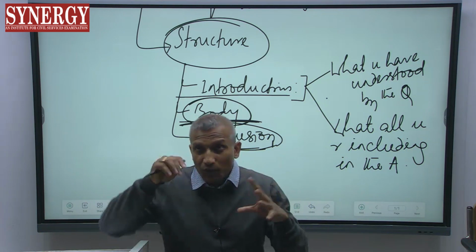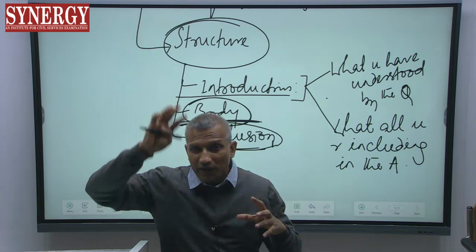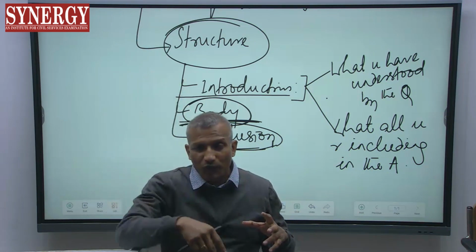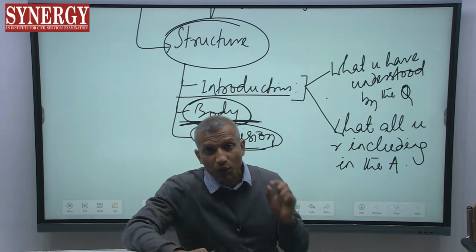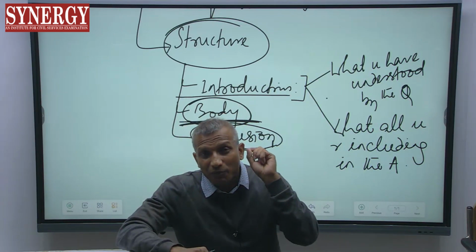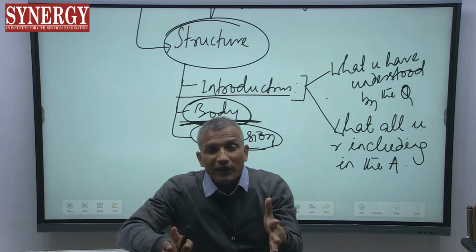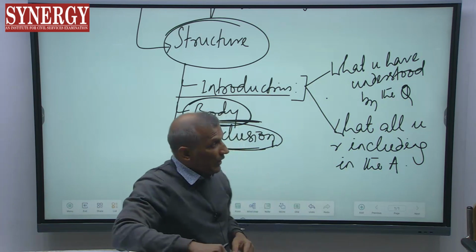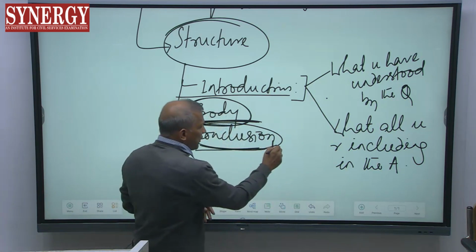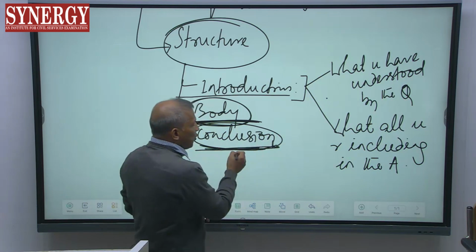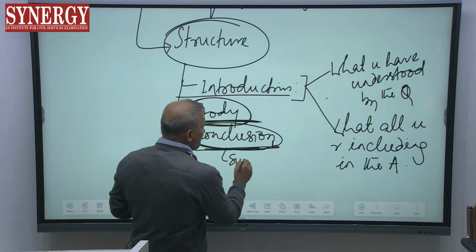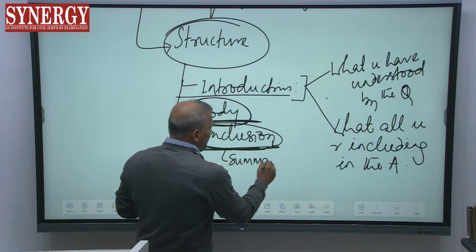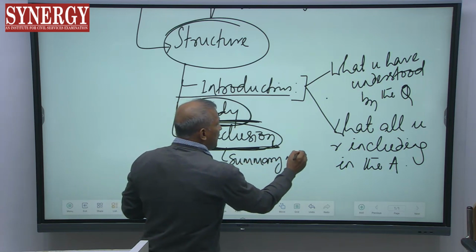You can present a number of facts, ideas, analysis, cases in your body, but the conclusion gives you another opportunity to express to the examiner what exactly you have tried to write. That is why conclusion is important. In conclusion, you write a summary without repetition.